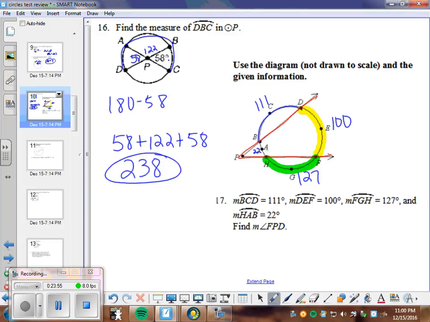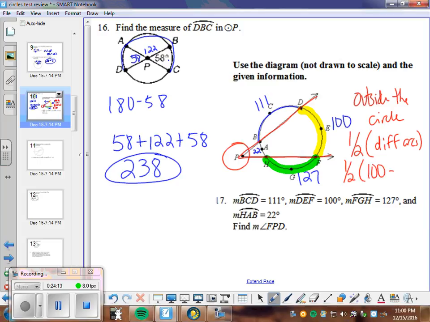Angle P is outside the circle. So this is one of those where you do half of the difference of the arcs. So you would take half of 100 minus 22. 100 minus 22 is 78, and half of 78 equals 39.